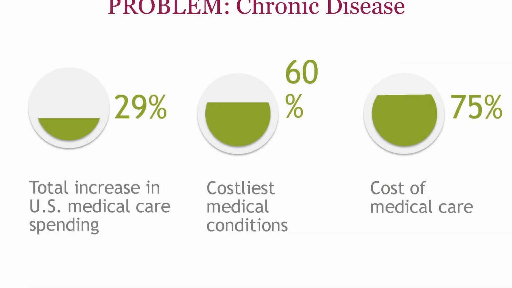Those medical conditions represent 60% of the most costly medical conditions in the US. And the same 6 conditions accounted for 30% of the increase in medical care spending from 1987 to 2000.